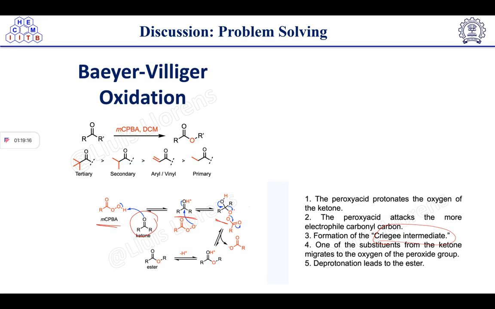So here this R group will get migrated. This OH lone pair will push electrons here and this group will knock out. And this R group will migrate onto this oxygen atom and this group is knocked out.